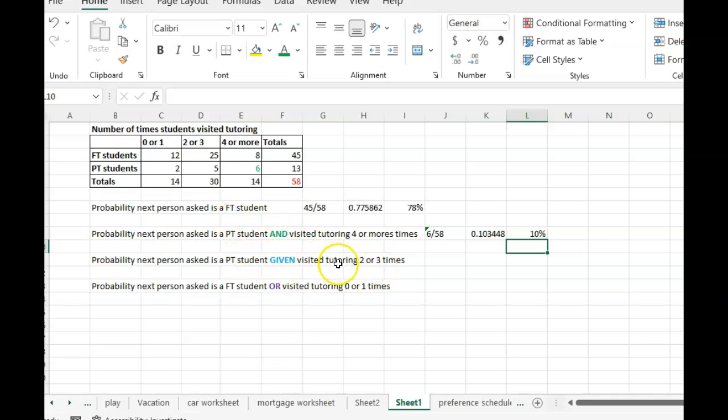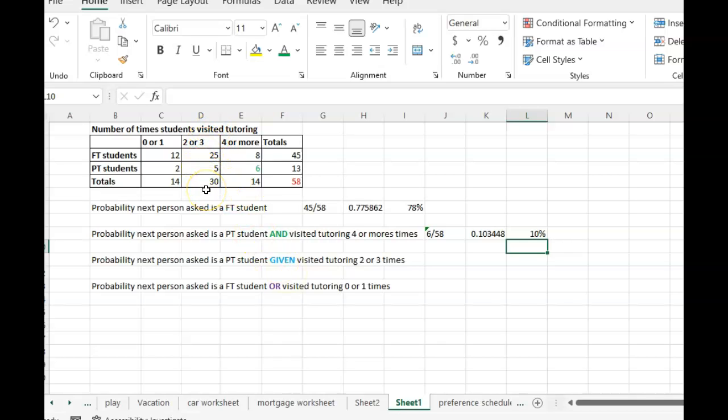So given tutoring 2 or 3 times is this column right here, which changes our denominator in our probability. We already know this, and we only care about this. So our denominator is going to be the total of those that have visited tutoring 2 or 3 times. That's the difference when we're being told we're given some information.